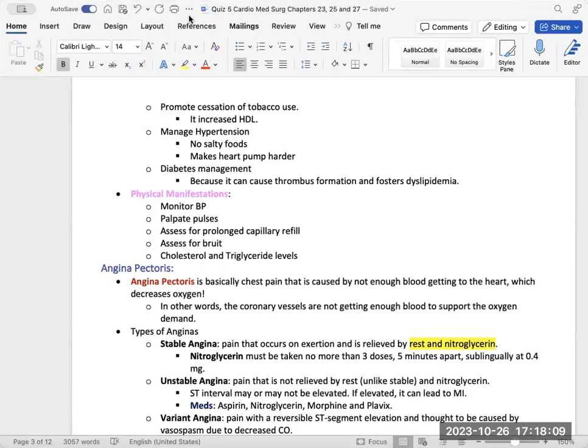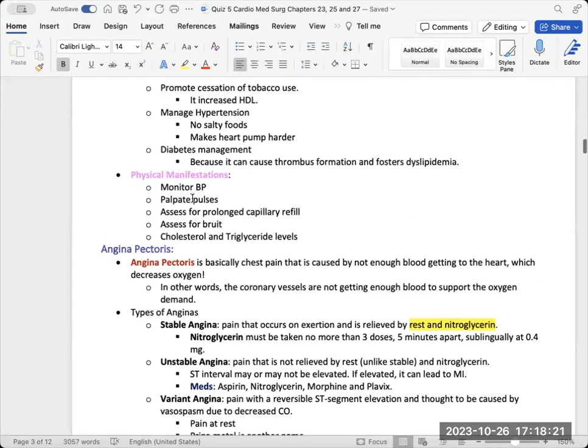And if we keep talking about hypertension and cholesterol and all of these things being either risk factors or patient education, then we know other manifestations would be watching their blood pressure, right? Or looking at their pulses and seeing their capillary refill, because that's going to tell us how well their organs and their tissues are being perfused, as that is an indicator of whether our heart's working properly.